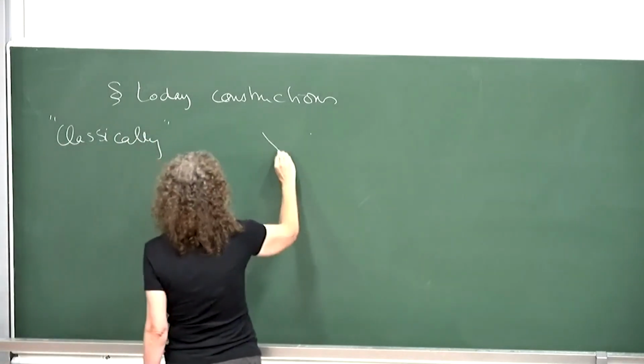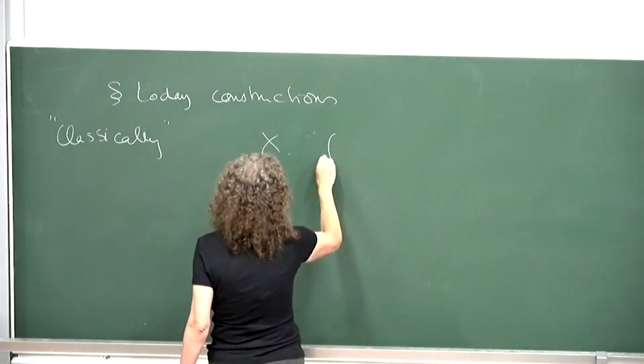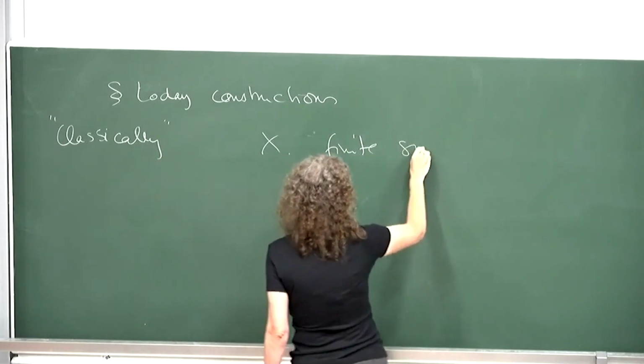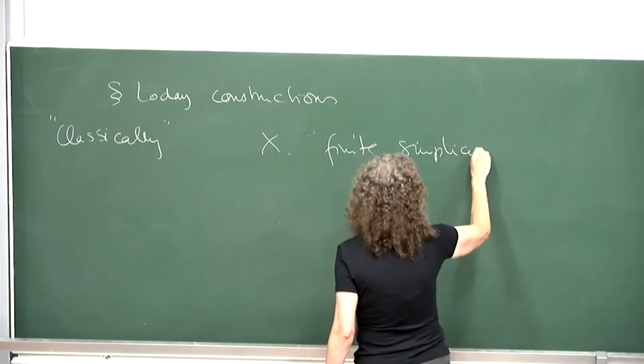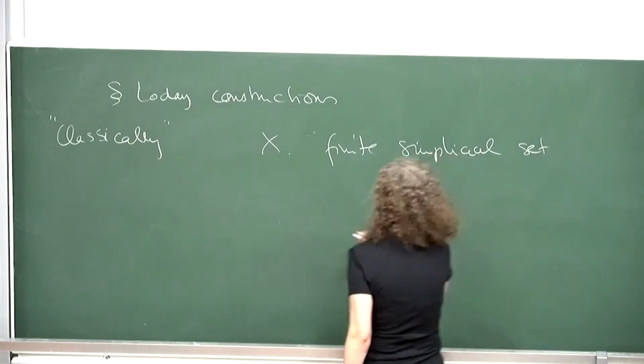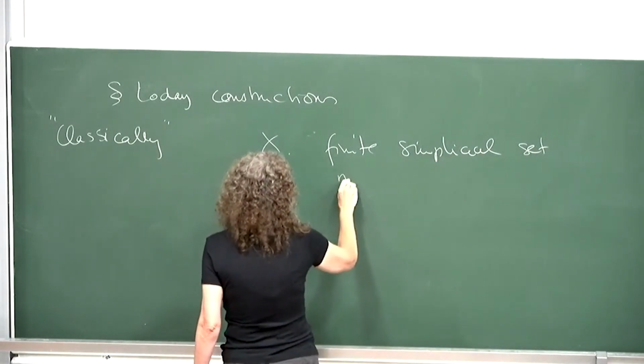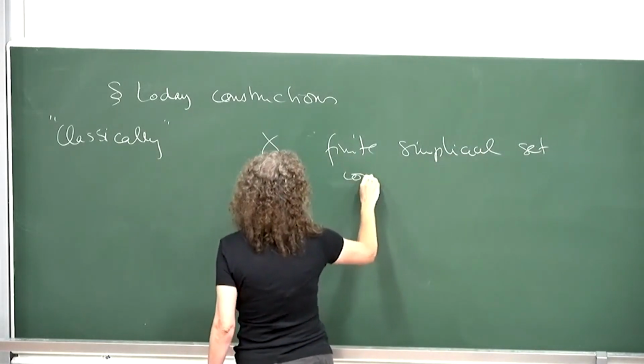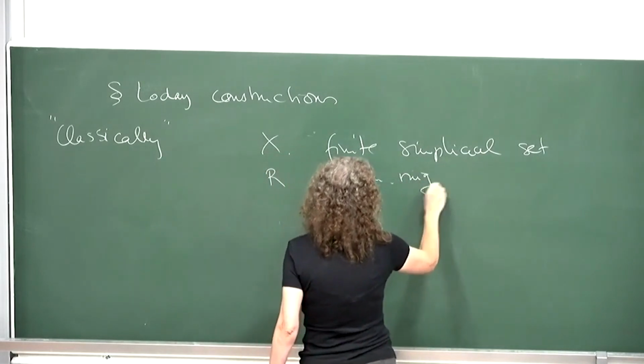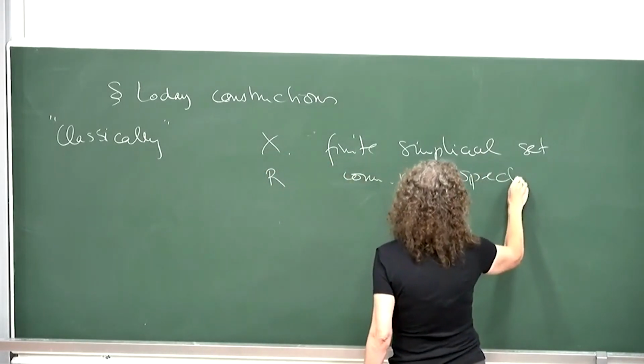So say you have a finite simplicial set X, and R is a commutative ring, maybe spectrum, doesn't really matter.